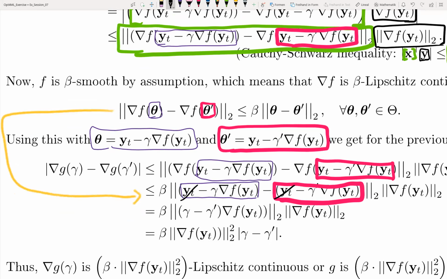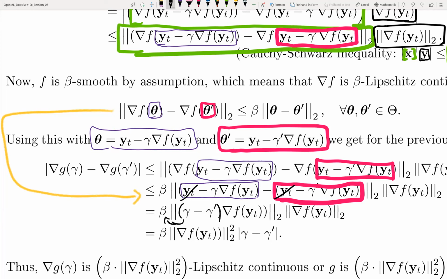This thing here can be written in front of the Euclidean norm because gamma minus gamma prime are scalar values. You can write it in front of the norm as an absolute value. And what remains is then the norm of the gradient of f at yt, so you have it as a squared.